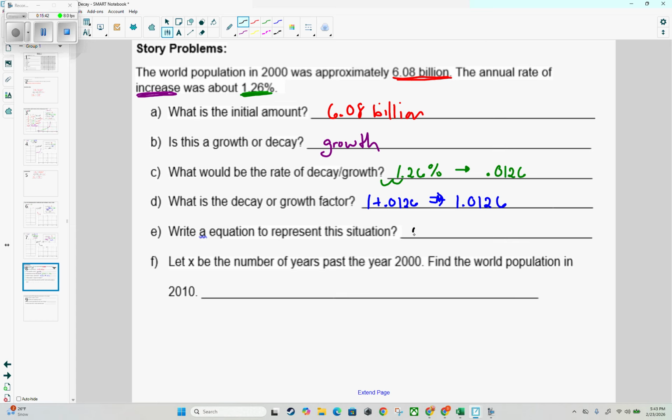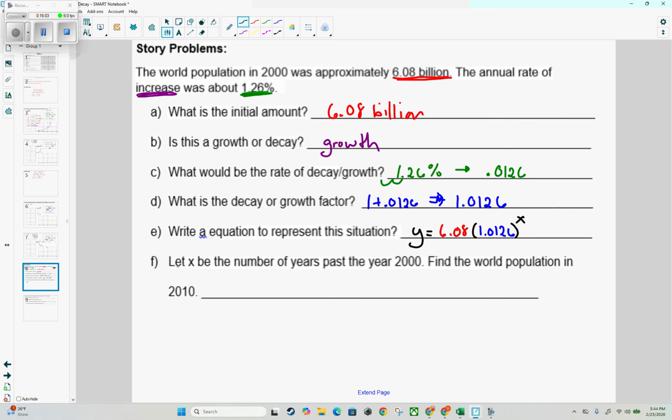So we turn around and say, okay, well, y equals my initial amount, which is the 6.08. Inside, we put our growth factor, which was 1.0126. We say it's to the t, or because it's an equation, we're going to use x and y. We'll use x. So there's our equation.